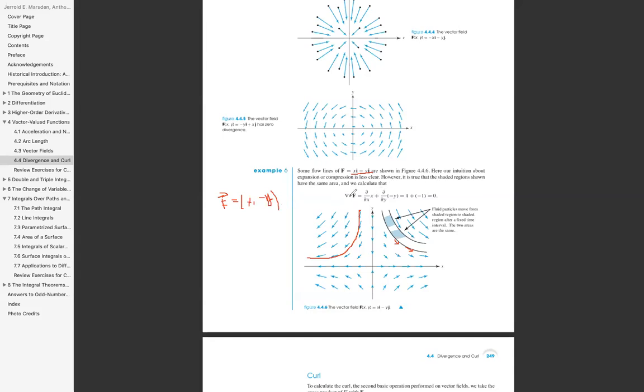Right? And indeed, the divergence is 0 because the partial x of x is 1, partial y of minus y is minus 1, and you add them up to be 0.